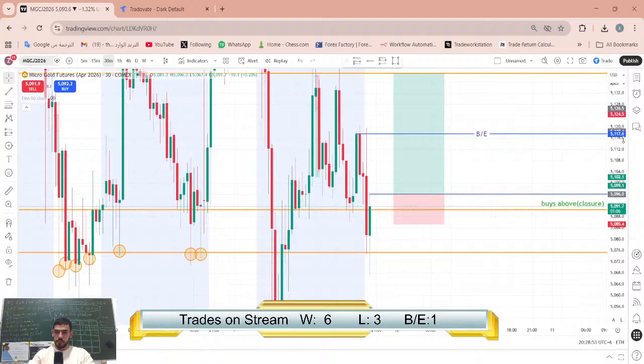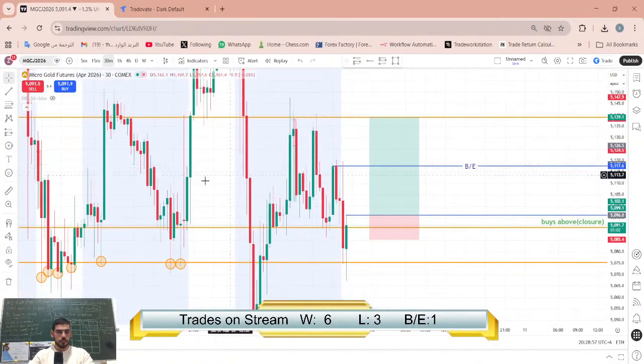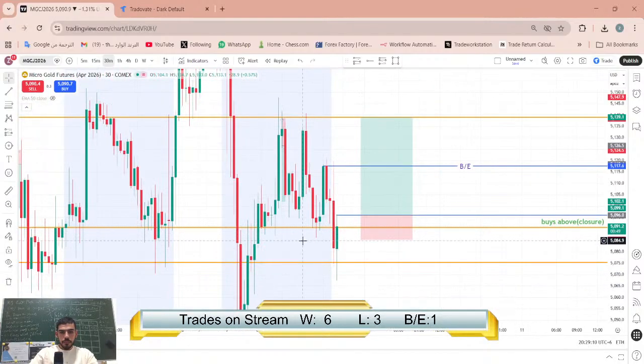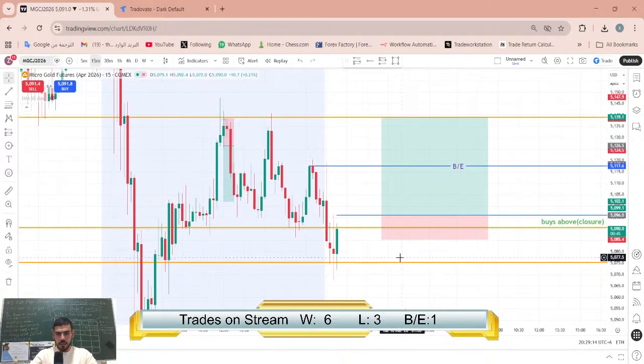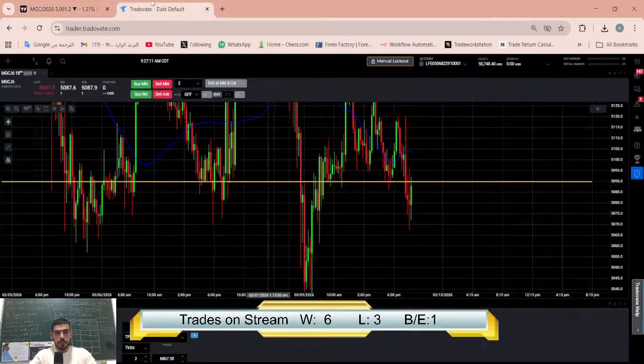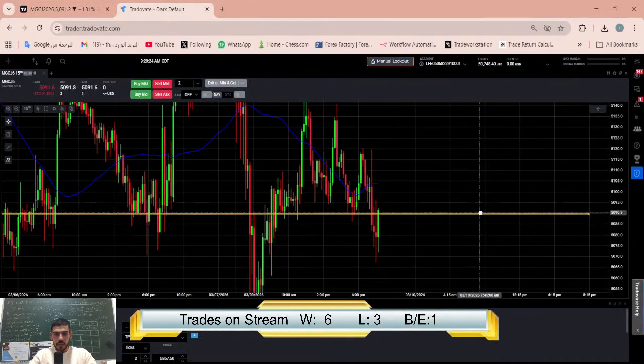So let's see. Let's see. Remove this area. Yup, it's looking good. It's looking good. So I'm planning to enter on the break of this previous 15-minute candle. Look at that, it's aligning perfectly.